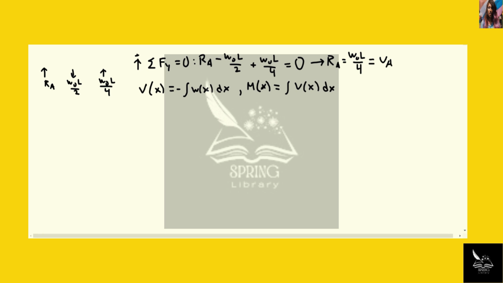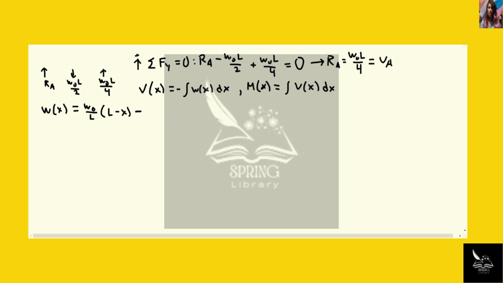First thing we want to do, find an expression for w of x. Now we can combine these two linearly varying distributed loads into one. The first we'll write as W0 over L times L minus x. So that's this left resultant.